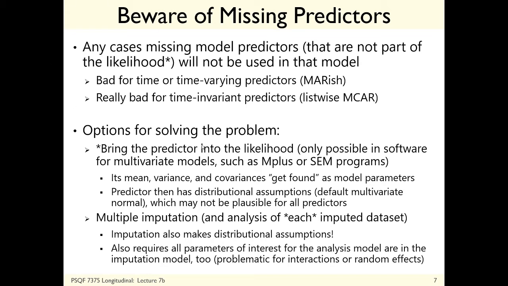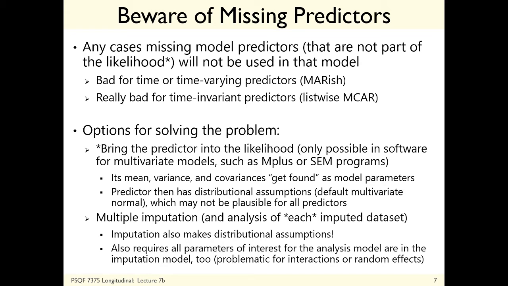So this first solution is why I have never done a multiple imputation in my life. I will switch to a model that is multivariate. Unfortunately, PROC MIXED can't do that. You do have to use some sort of multivariate software that's capable of doing structural equation modeling or multilevel structural equation modeling so that you can introduce the predictor as an outcome. So that's what I do.